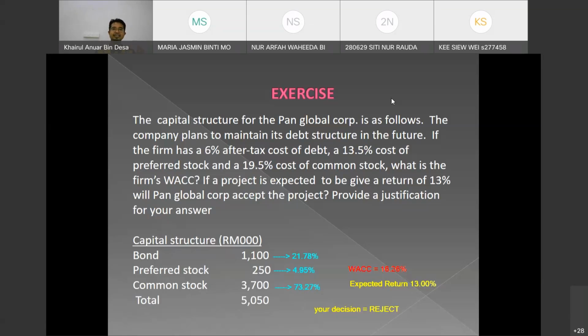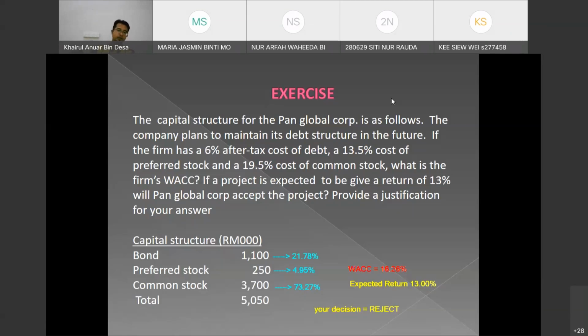WACC actually is the combination of all three components together. What are the components? Debt, preferred share, common share. Retained earning we put aside because retained earning is free. Retained earning is no cost involved. Retained earning is the internally generated reinvestment capital.